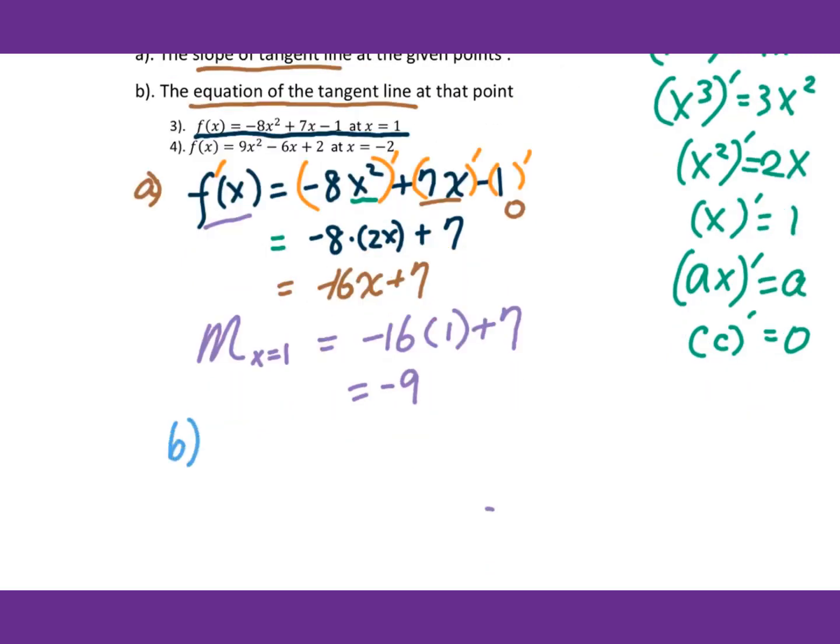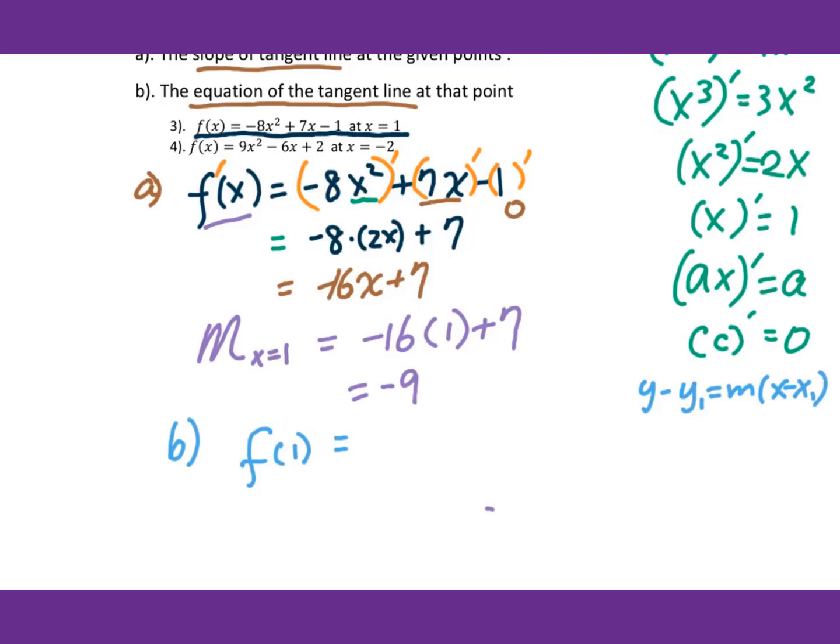For B part, we need to figure out the equation of a tangent line. We got the slope, and if we plug in 1 into the original function, we can get the point x1, y1. Then we can use y minus y1 equals slope times x minus x1 to get the equation of a tangent line.